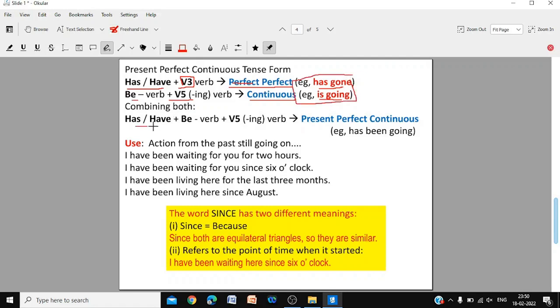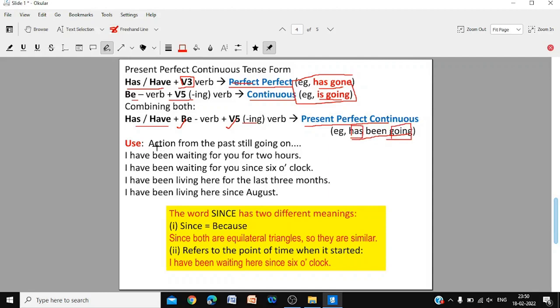You have has or have, you also have a be verb, and you have a V5 or ing ending verb. Because it has has or have, it's a perfect tense, and because it has an ing verb, it's a continuous tense. So combining the two, we get perfect continuous. Has been going, perfect continuous. Perfect because of has and continuous because of ing ending verb.